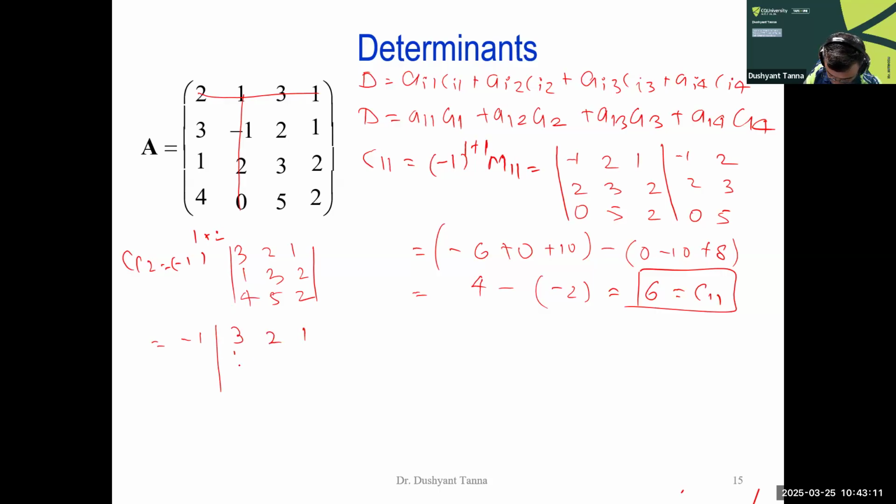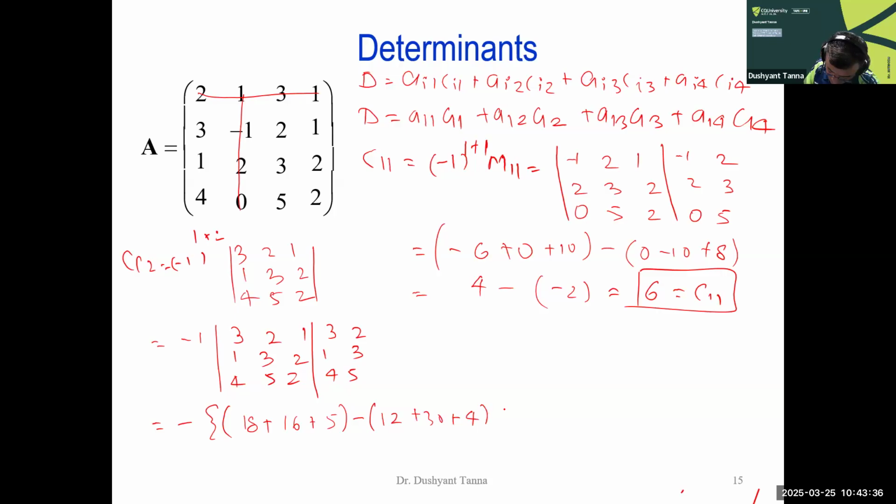So 3, 2, 1, 1, 3, 2, 4, 5, 2. That's 18 plus 16 plus 5 minus 12 plus 30 plus 4. 18 plus 16 is 34, 39 minus 46, and that's minus 7. There is a minus sign waiting outside, so that becomes plus 7.